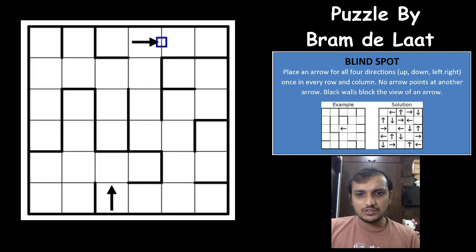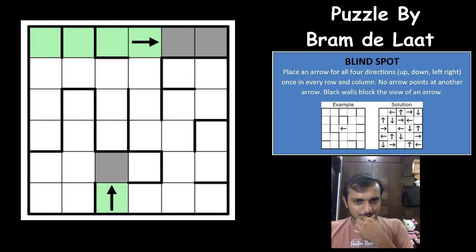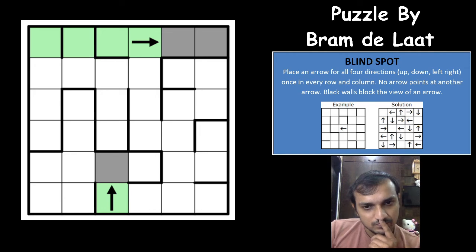And now we'll go on with the next puzzle here, a medium puzzle. We already have two arrows placed here, and that can directly mark these two cells as non-arrow cells, because this is already pointing here, and this is also a non-arrow cell. Okay, that's nice.